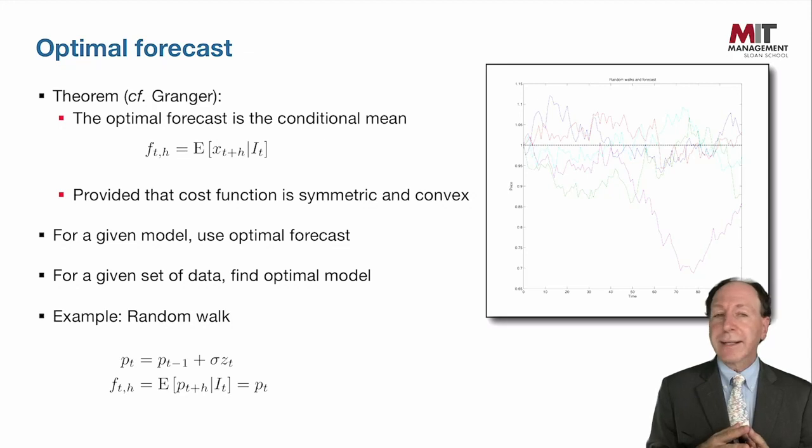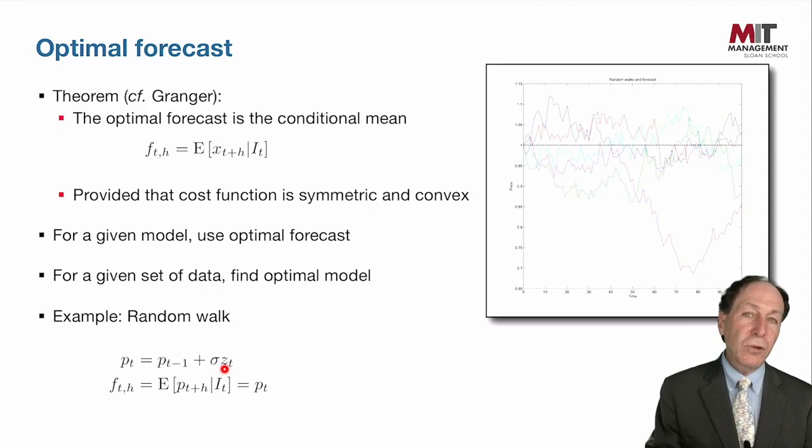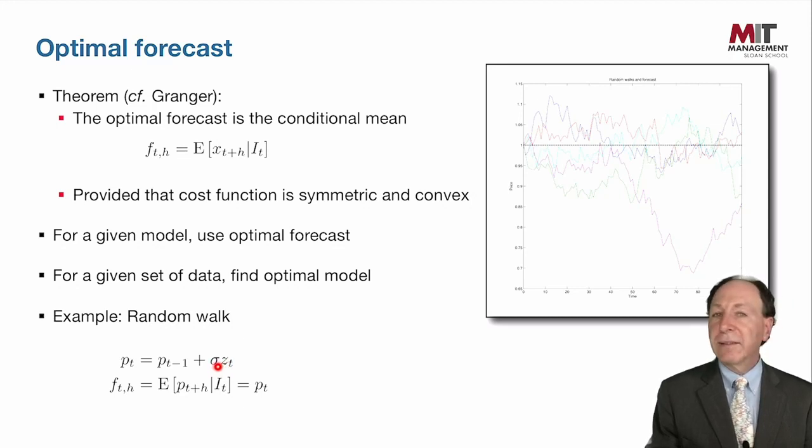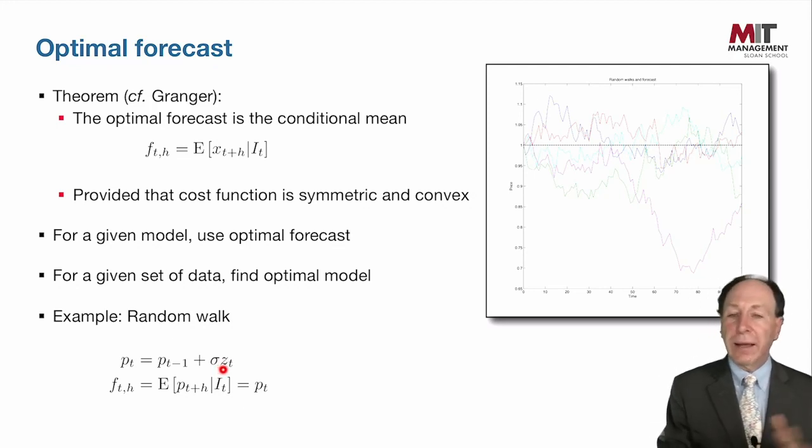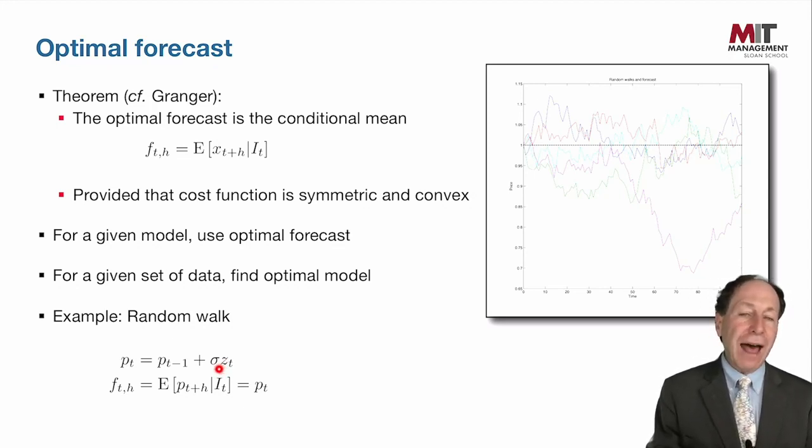If we think of a typical kind of random walk, in this case an arithmetic random walk, where I have a price at each time that is the previous price plus some new innovation, some new event that comes along, with step size sigma, where z is a normalized random variable, sigma is the scale of the volatility, and we ask, what's my forecast h steps ahead for the value of the price?